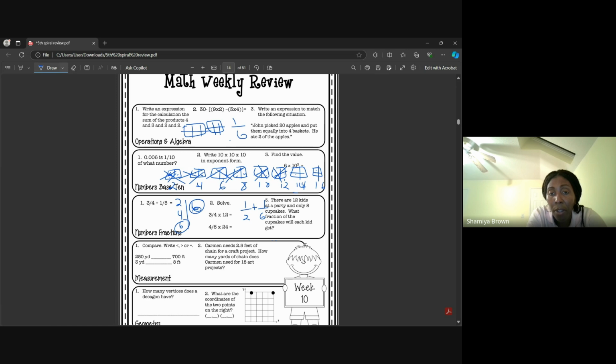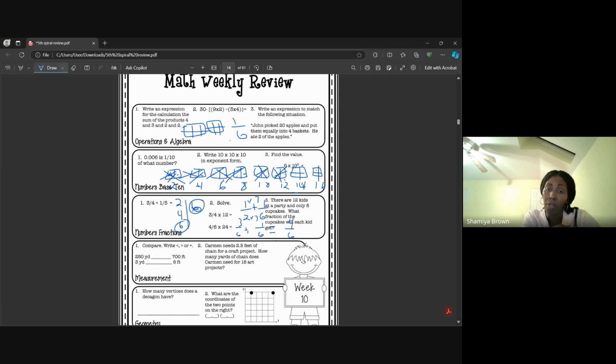So I'm going to have something over 6 plus something over 6 equals something over 6. So to get 6 over here, I need to times 3, which gives me 3/6 plus 1/6, which is 4/6.